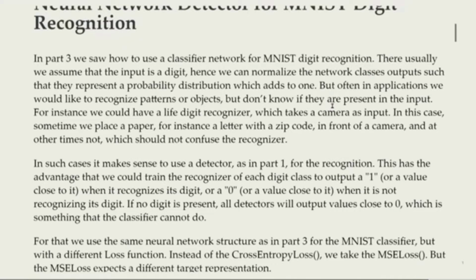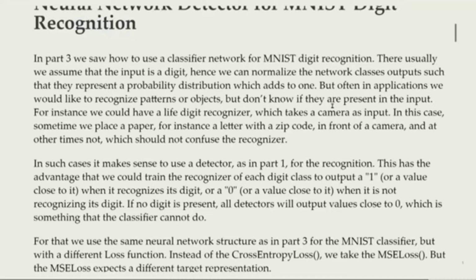In such a case, it makes sense to use a detector as in part 1, because it has the advantage that we can train the recognizer of each digit class to output a 1 or a value close to it when it recognizes its digit, or a 0 or a value close to it when it's not recognizing its digit. If no digit is present, all detectors will output values close to 0, which is something that the classifier cannot do.